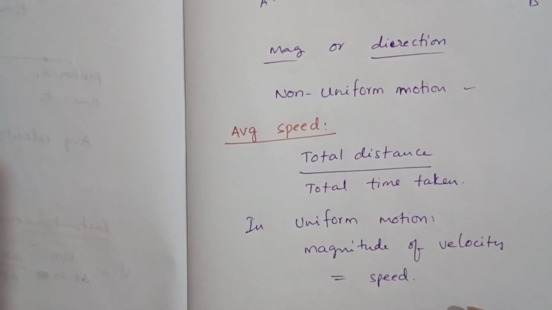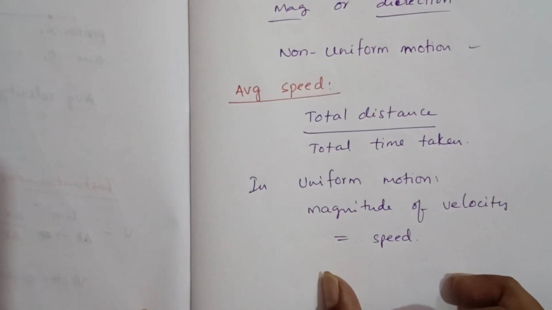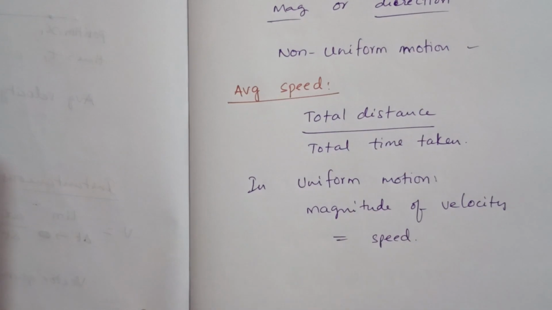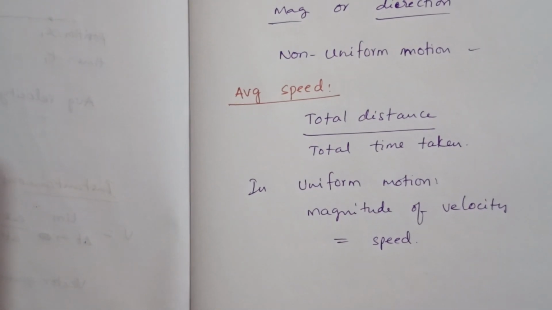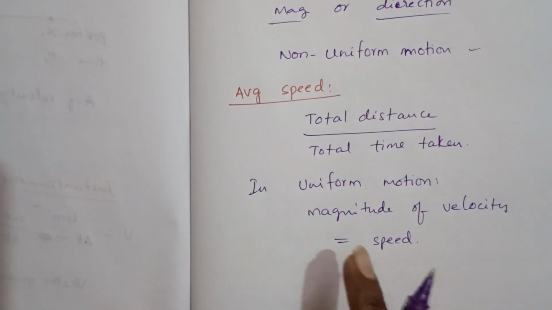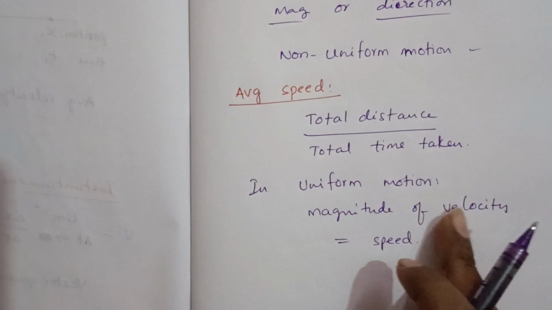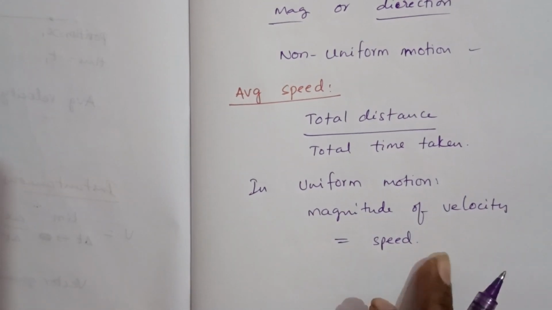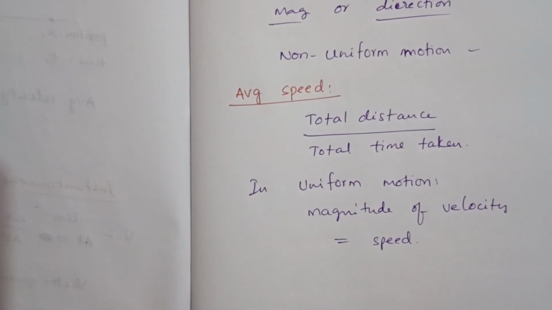But if the body is moving with uniform speed, we can't say it has uniform velocity, because in speed there is no particular direction, but in velocity there is a particular direction. That's why in uniform motion we wrote that the magnitude of velocity is equal to speed.